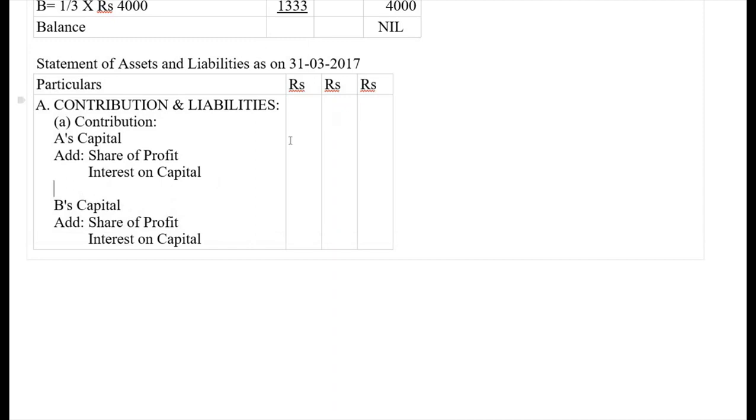So first let me fill here A's capital, given as rupees 50,000. To this we should add share of profit as 2,667, then we should add interest on capital, which is given as 5,000.